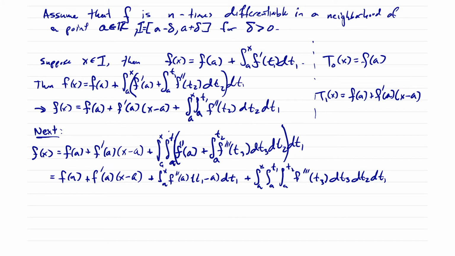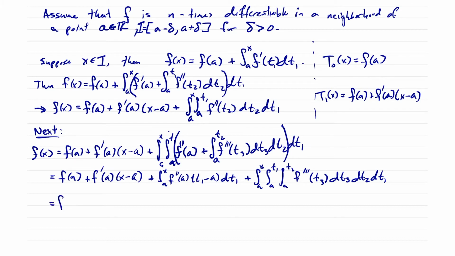Okay. So this one now actually has some dependence on t1. So if we're going to integrate it, we need to integrate it like a polynomial. So t1 minus a integrates, and let's see what we get.